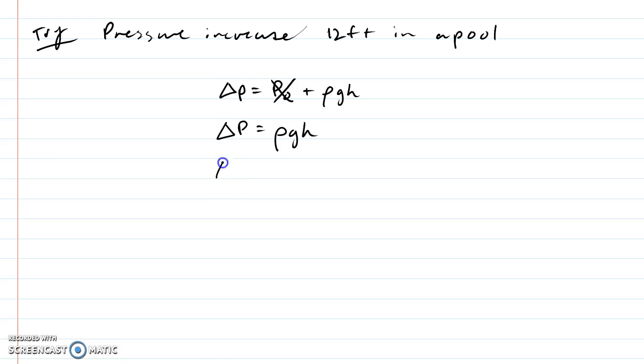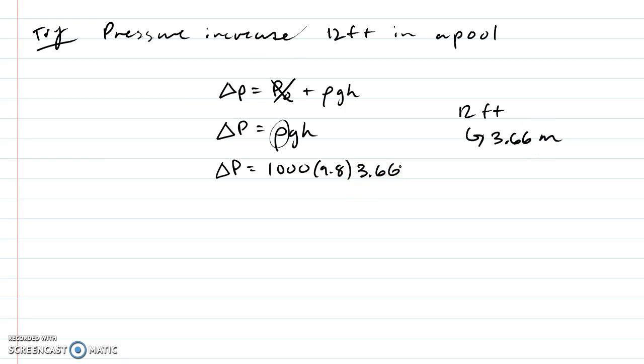Now, if you were listening, the density of water, let's assume it's just pure water, is about 1,000. This would be 9.8. And we have to take 12 feet and convert that into meters, which I looked up, it is 3.66 meters. So we'll put 3.66 there. Multiply it out.